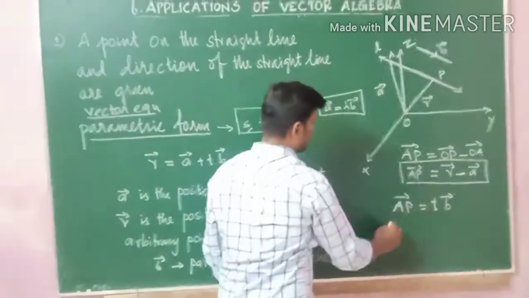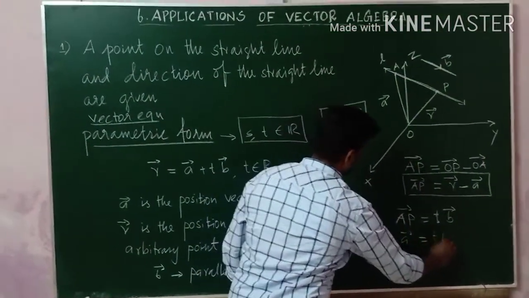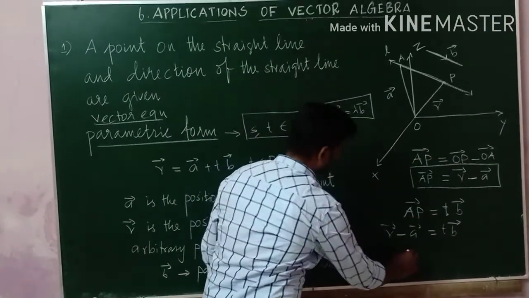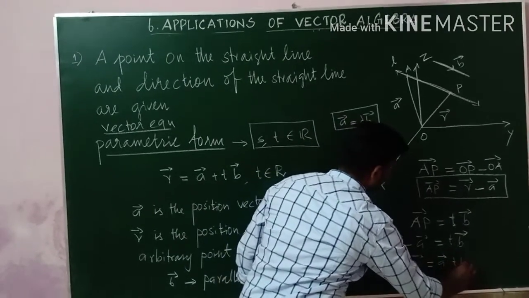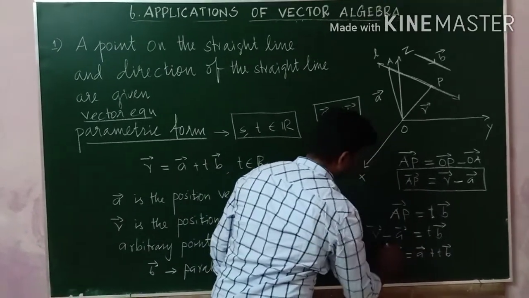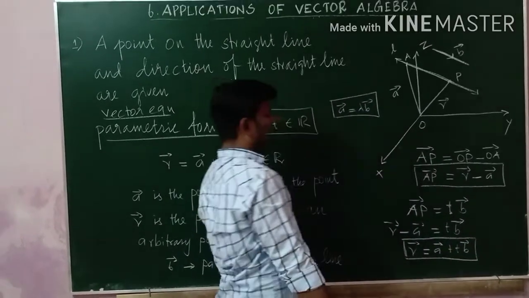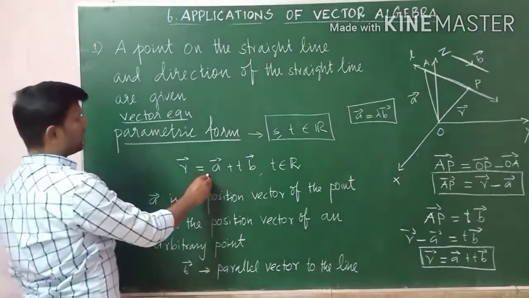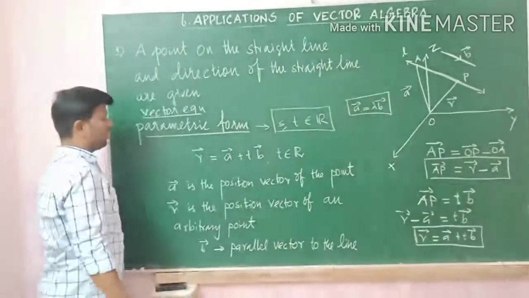But what is our AP vector? R vector minus A vector is equal to T B vector. You take minus A vector to the right hand side, we will have R vector is equal to A vector plus T times of B vector. So this is the vector equation in parametric form. R vector is equal to A vector plus T times of B vector, where T belongs to real number.